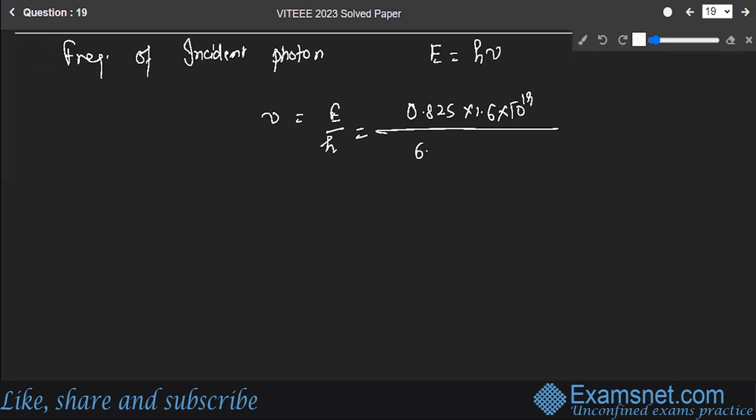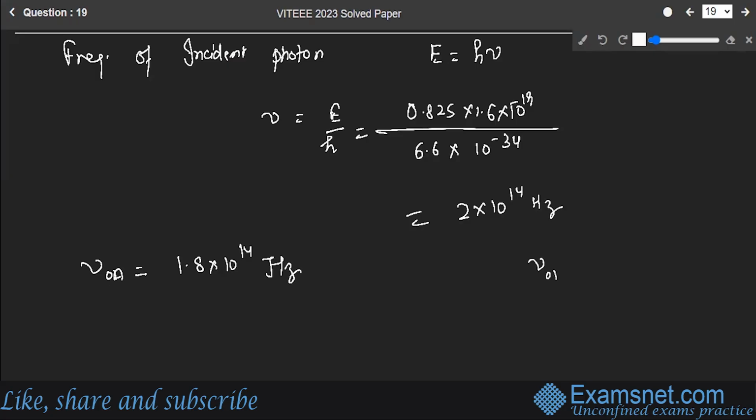This is 6.6 into 10 raised to power minus 34. This on solving will give you 2 into 10 raised to power 14 hertz. Now the threshold frequency for A was 1.8 into 10 raised to power 14 hertz. And for B, this is equal to 2.2 into 10 raised to power 14 hertz.